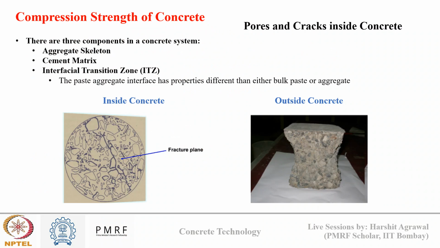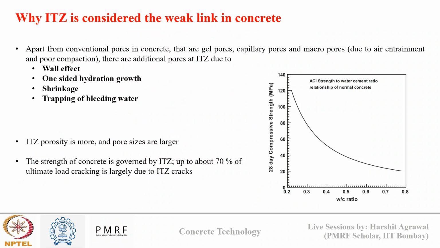For inside concrete, we saw how cracks and pores affect the strength by discussing Griffith's theory and Power's law. We understood why cracks propagate through the ITZ: since the ITZ has a higher proportion of porosity than bulk cement, it is prone to cracking.